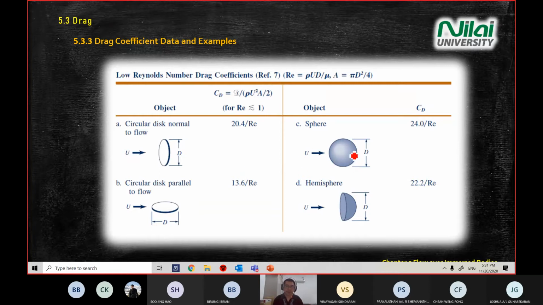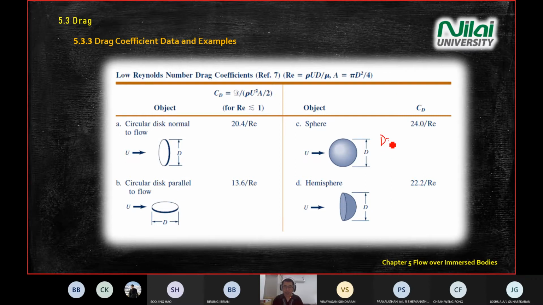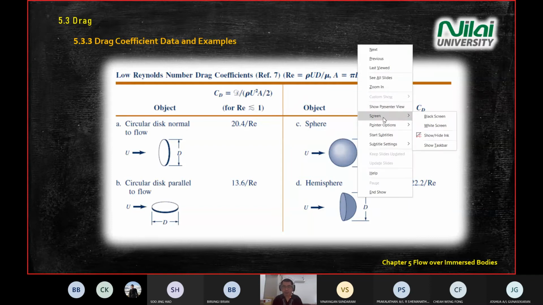If you're given a sphere, then straight away use CD equal to 24 divided by Reynolds number. You can straight away find your CD value, and then go ahead and calculate the drag. Drag is given by half rho V squared A times your CD. This equation you must memorize. We'll repeat it many times throughout this module.